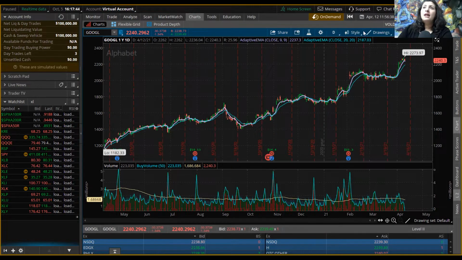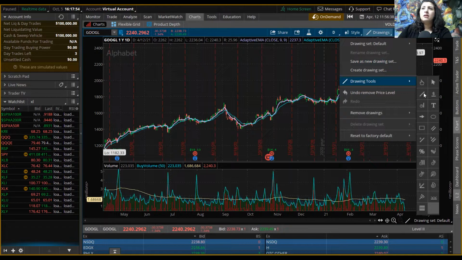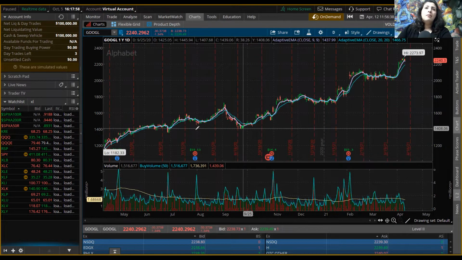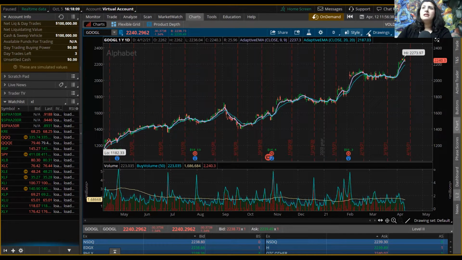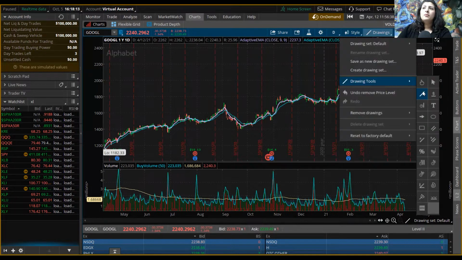So I like to look to see how a stock likes to move. And one of the things that I've learned with time, trading Google and watching Google, is that Google really likes to do a consolidation.